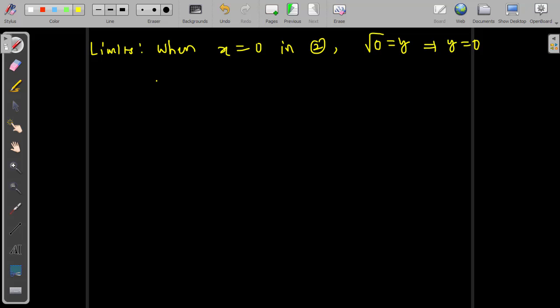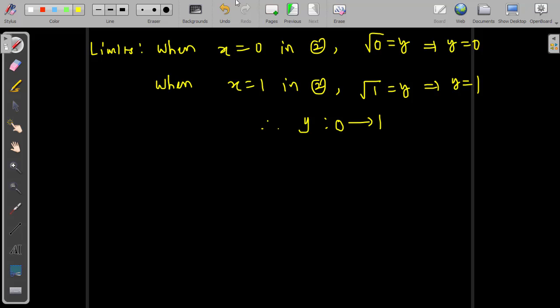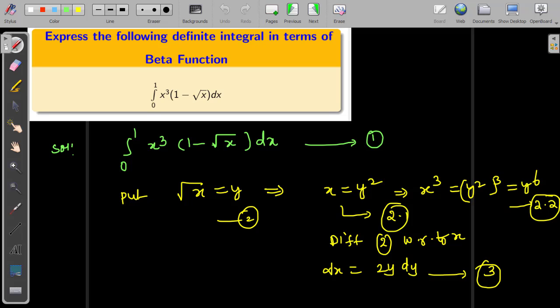Upper limit: when x equals 1, root 1 equals y, which gives y equals 1. Hence the y limits are 0 to 1. Now again the same procedure: this limit as well as this root x value, and I required x cube also, which is 2.2, and the dx value from equation number 3.